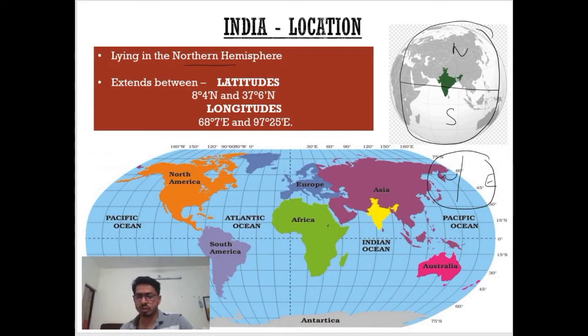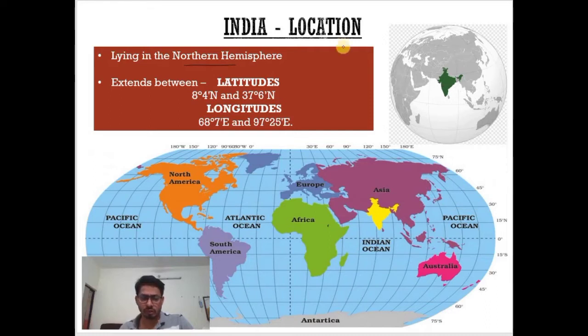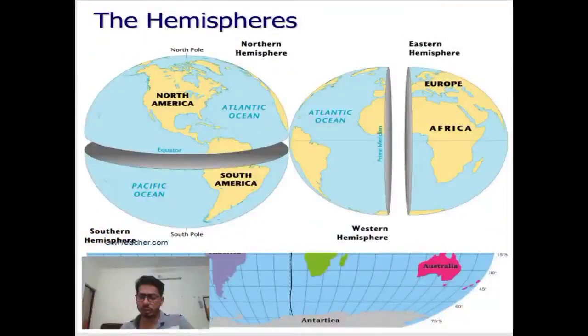Let's see in the below map. I will explain this also. Here, if you see this dotted line, this is your equator. And then one more line is given, dotted one. The equator is dividing Earth into two parts, that is the northern hemisphere and southern hemisphere.